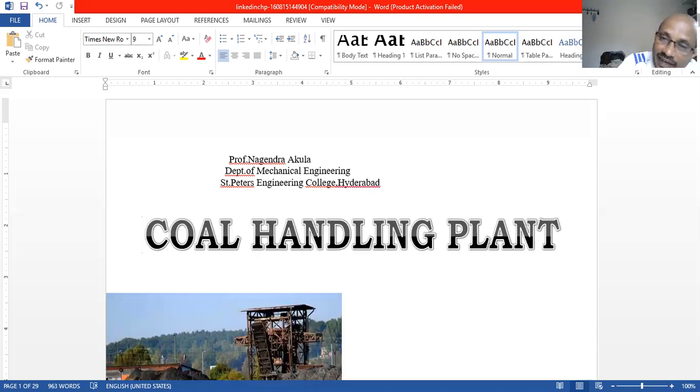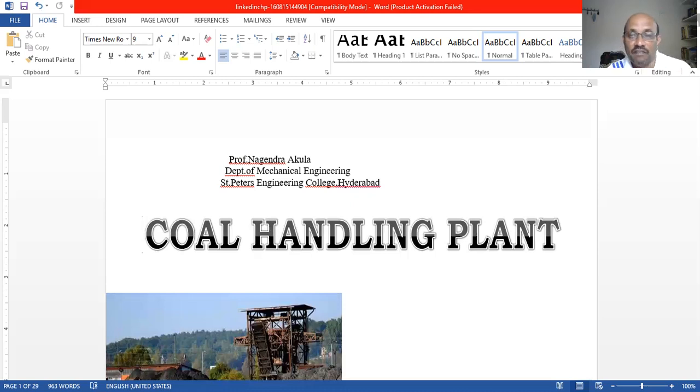Another one is belt conveyors, which we use in all ways. And flight conveyor. Okay. And then screw conveyors, different types of conveyors. In a belt conveyor, there is always a belt. With a screw conveyor, it functions with the help of screws. That's why we call it a screw conveyor.